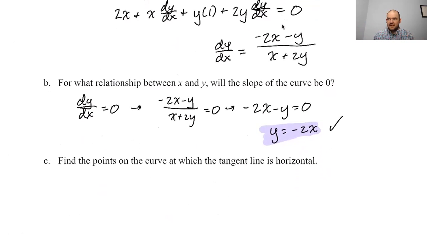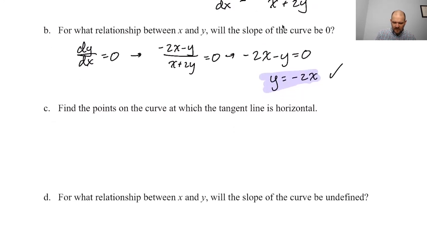So let's see. We have x squared plus y squared equals 4. I don't know if you can hear the thunder. It's a little crazy outside right now. Wait, the equation is x squared plus xy plus y squared equals 4, and y equals negative 2x. I'm just going to do substitution.